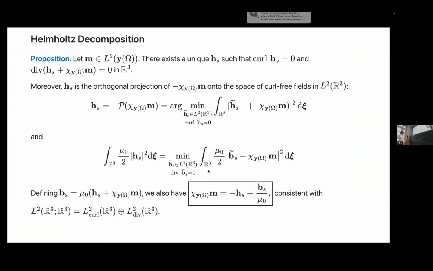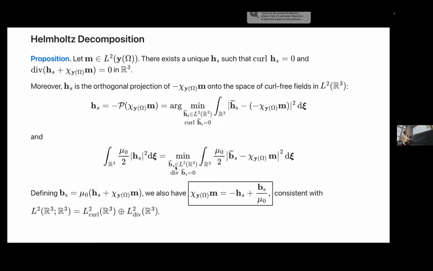And the key point is this formula, which tells you that the magnetization energy, the demagnetizing energy, can be obtained through a minimum principle. Instead of minimizing over curl-free fields, I can compute this energy by minimizing over this direction.